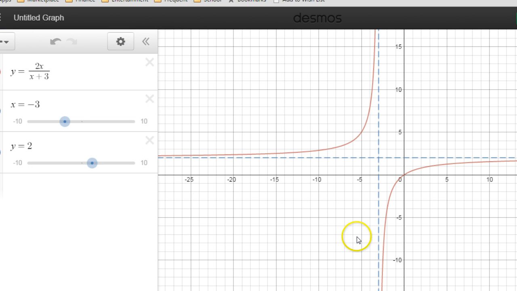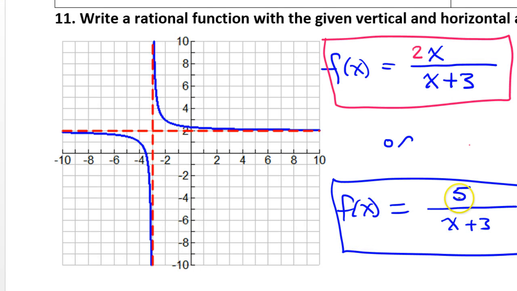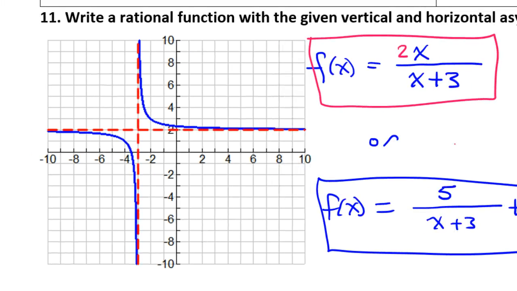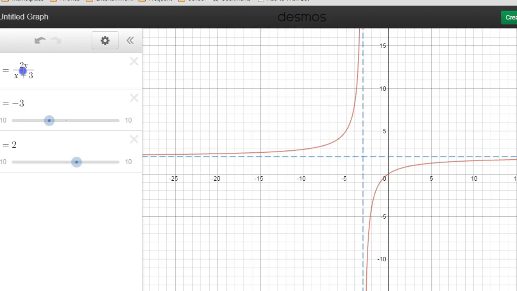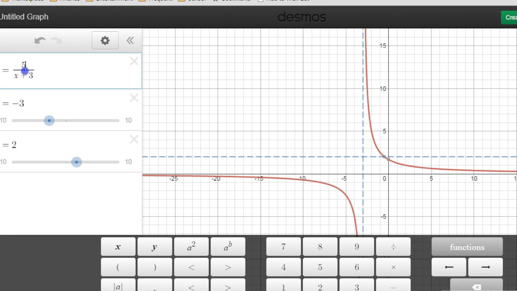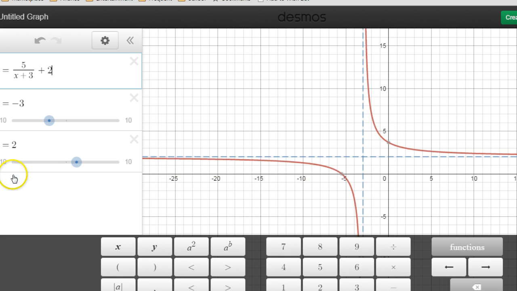Okay, now I want to check my other graph, the 5 over x plus 3 with a plus 2 on the end of it. Alright, so I'm going to change this to 5 over x plus 3 with a plus 2 on the end of it.